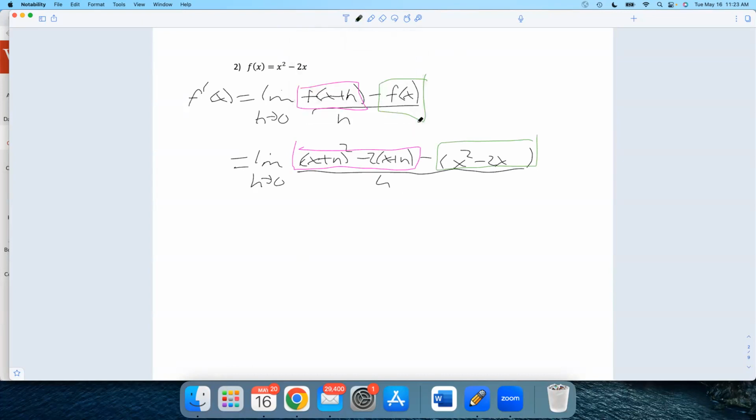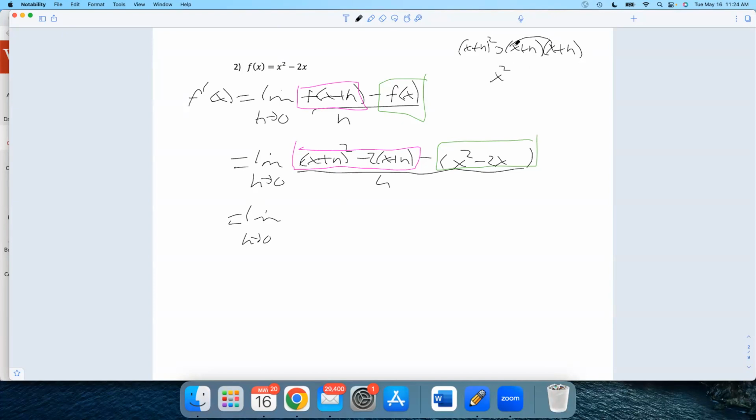Okay, now we clean this up. Limit as h approaches 0. x plus h squared. Maybe we'll do that over here as some side work. That means multiply it by itself. It is not x squared plus h squared. Squaring something means to multiply it by itself and FOIL.